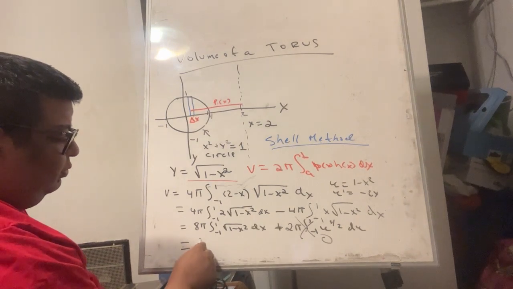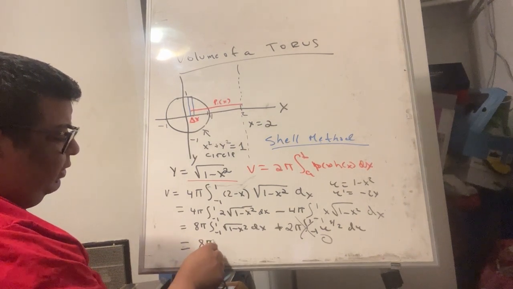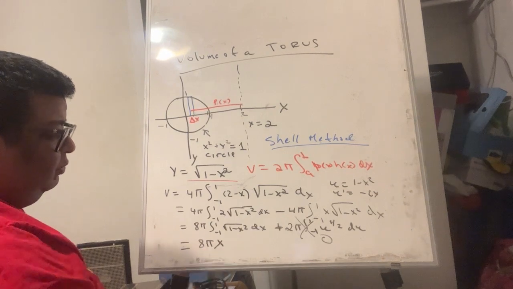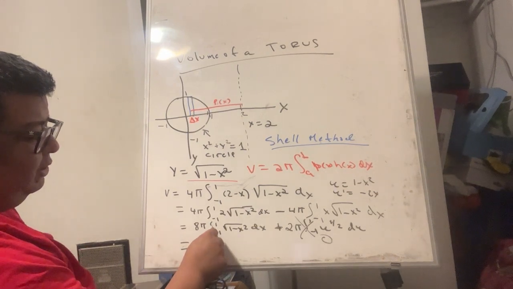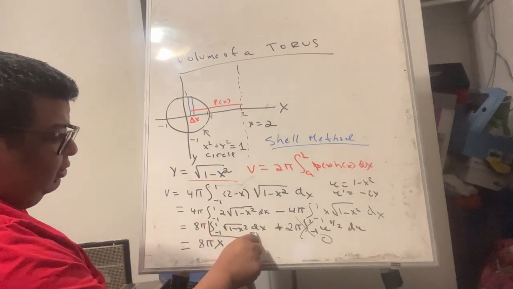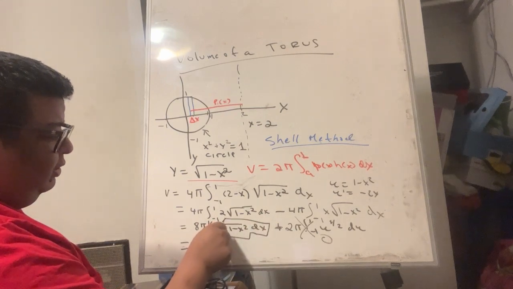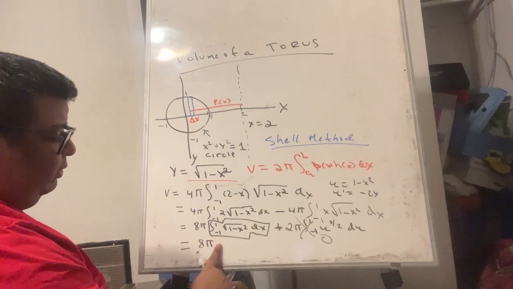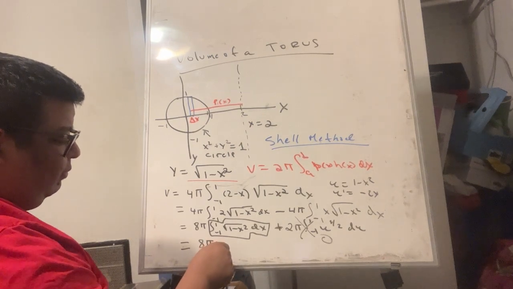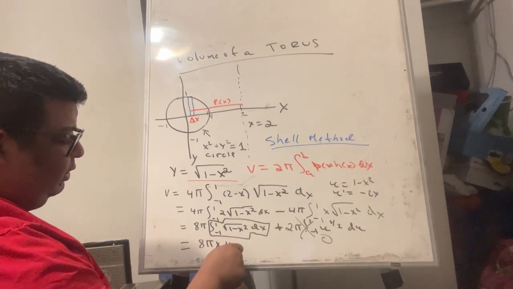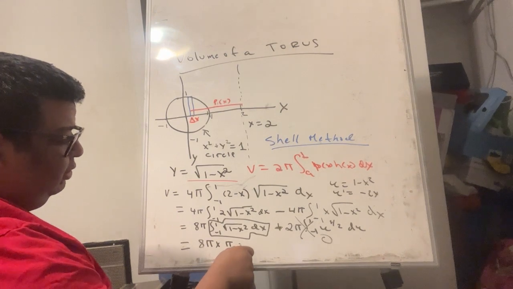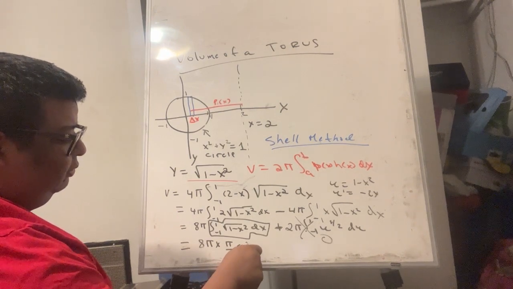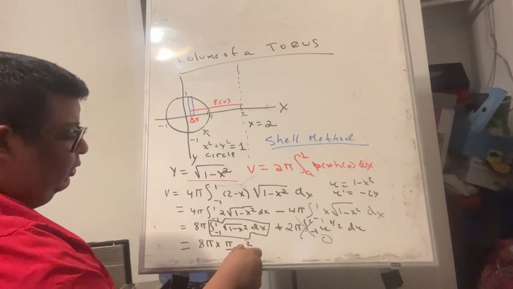So what we're gonna do is 4 pi times the area of a semicircle, which is pi over 2 times the radius, which is 1 squared.